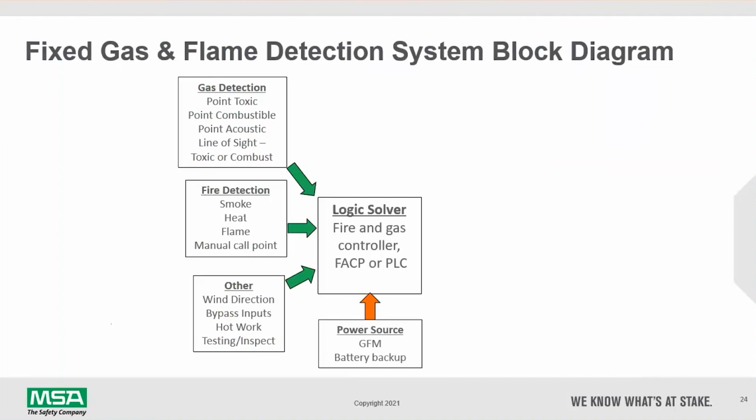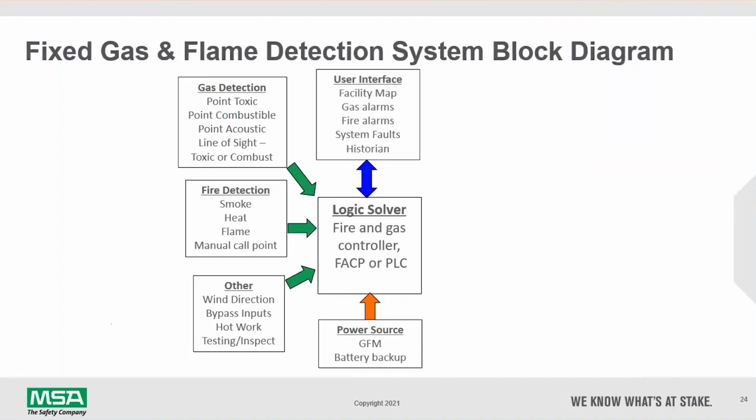The logic solver could be a fire and gas controller, a fire alarm control panel, or a programmable logic controller, but in all cases, these have a power source. That power source in many cases will be ground fault monitored and have a backup system, bank of batteries, and alternative source. That logic solver will also, on modern systems, often drive a graphic user interface.